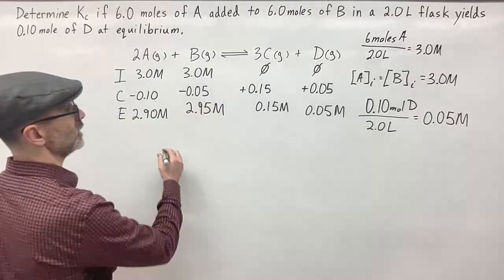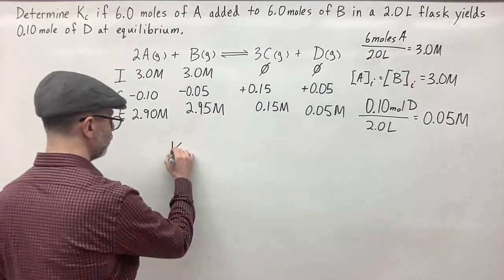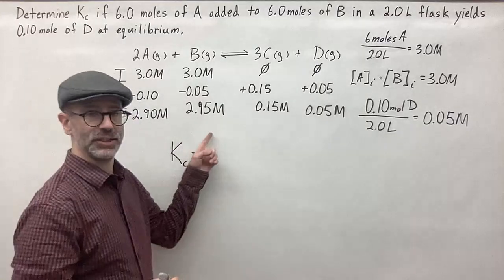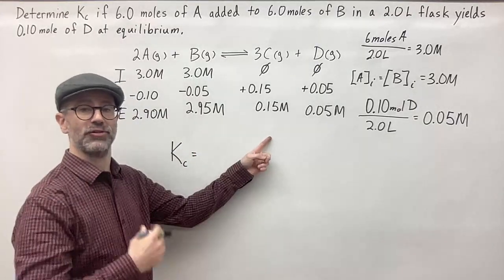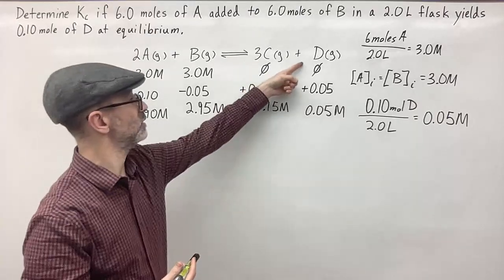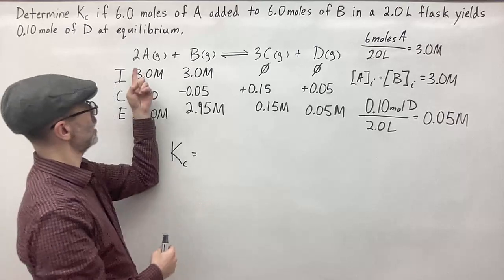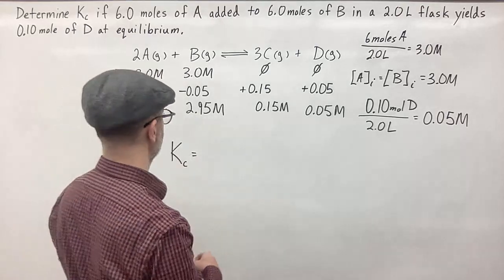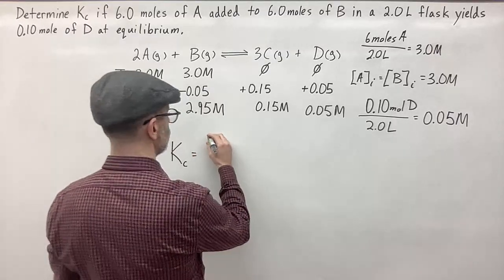So the expression is going to be Kc is equal to the concentration of products raised to their stoichiometric coefficients over the concentration of the reactants raised to their stoichiometric coefficients.